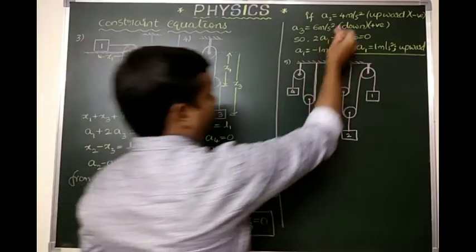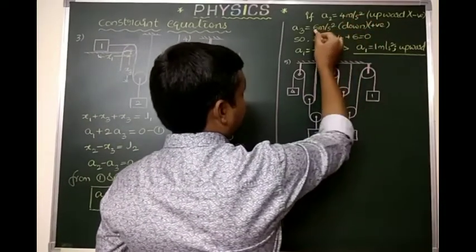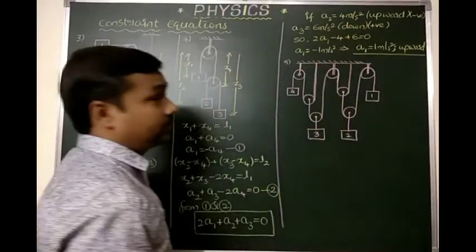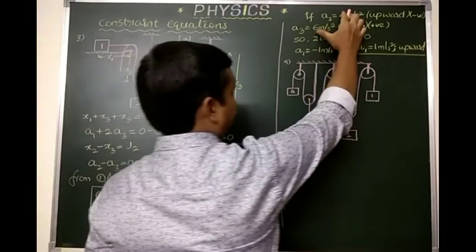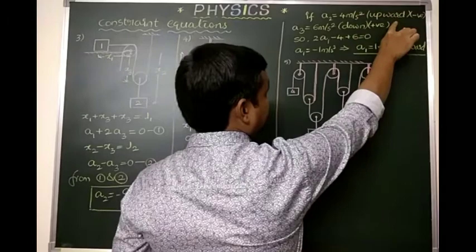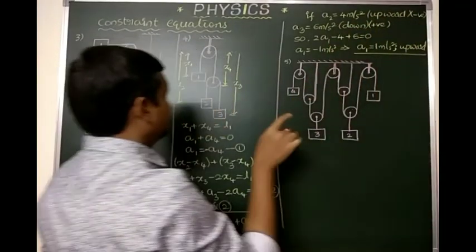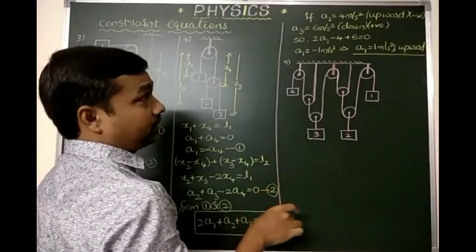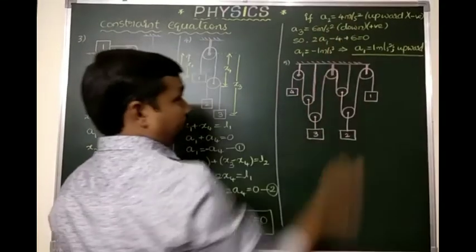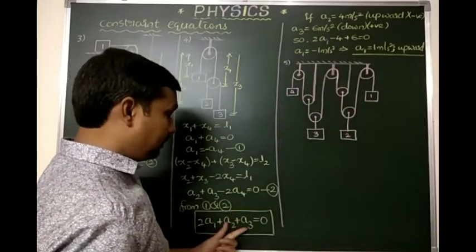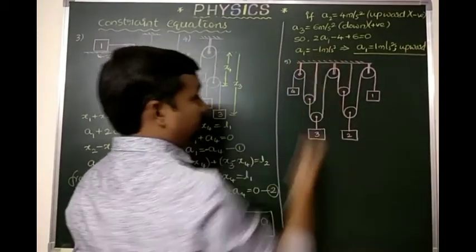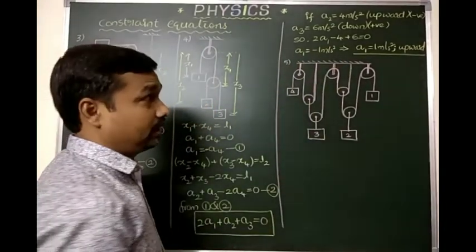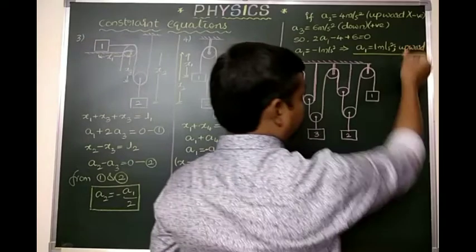So here we took values 4 meter per second square and 6 meter per second square for a2 and a3 respectively. If we substitute these two, upward we consider a negative sign, minus 4 meter per second square plus 6 meter per second square, then we are getting a1 equals minus 1 meter per second square.